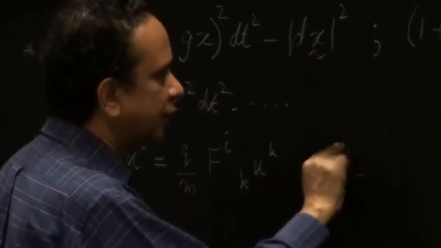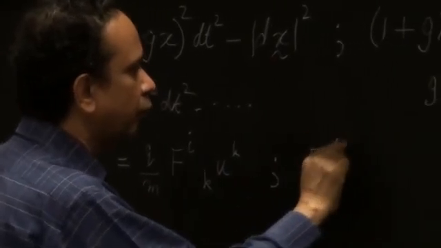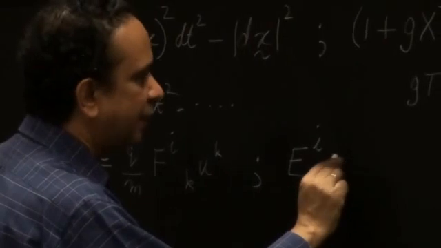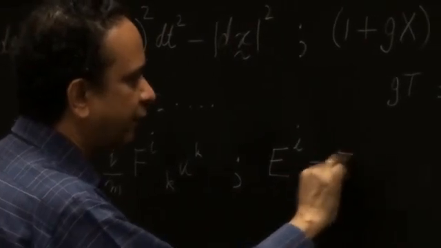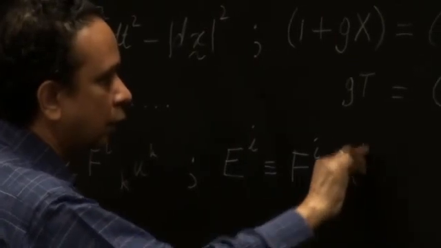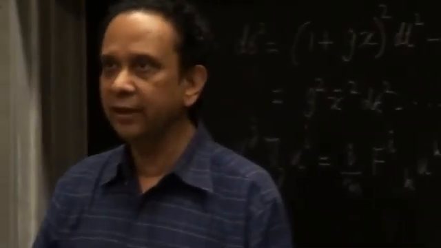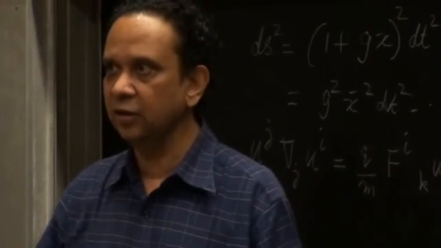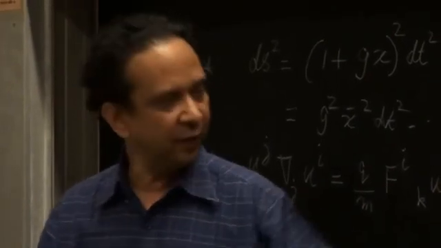You introduce a 4-vector E^i, which is by definition F^i_k u^k. Obviously, given an F_ik, you cannot define an electric field unless you know who is the observer. And this you can't do even in flat space-time. The electric fields are not even Lorentz invariant quantities. But given a u^k, you can do this.